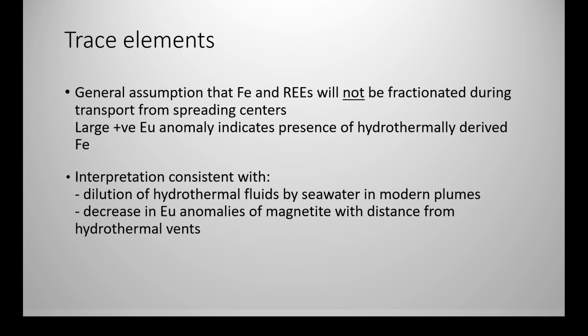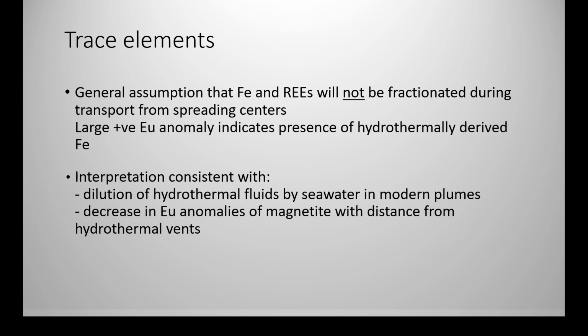Therefore, using these trace element profiles, we find that iron and REEs are not fractionated during the spreading centers. So therefore, this pattern is something that we can trace back to those original volcanic events. While the large Eu anomalies indicate the presence of hydrothermally derived iron.